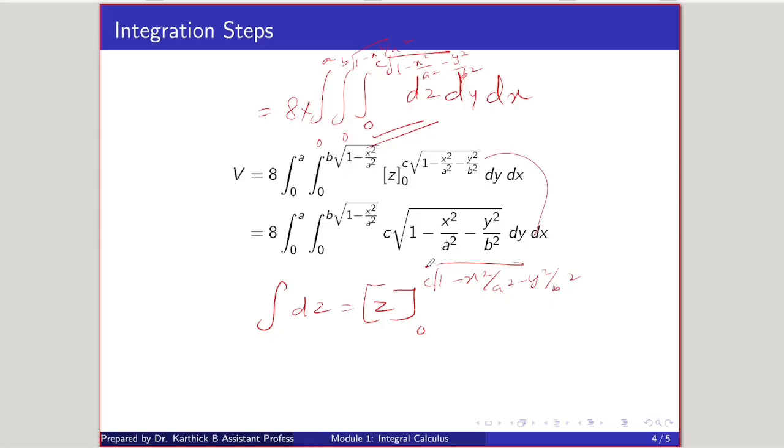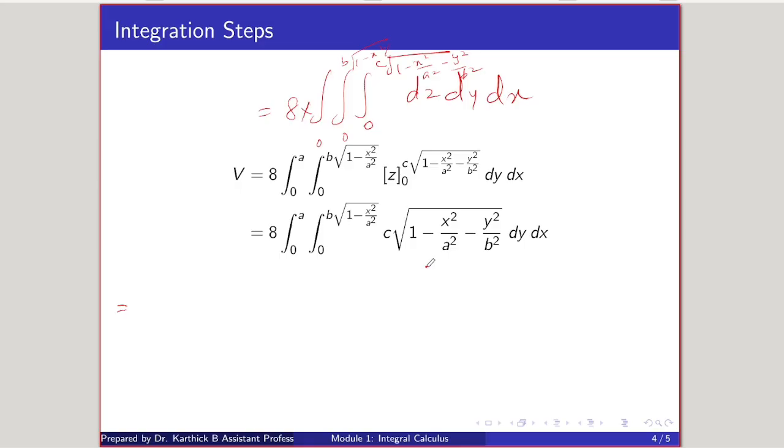This is the step we have evaluated, and then we substitute the limits, and we get this step. After this, how do we solve the remaining? So let me do this. 0 to a, then again the limit 0 to b times the square root of 1 minus x square by a square.